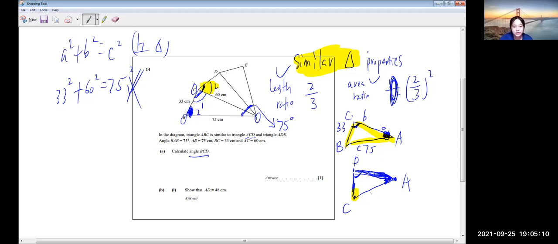Because the two triangles are similar. So that means this is your 1.